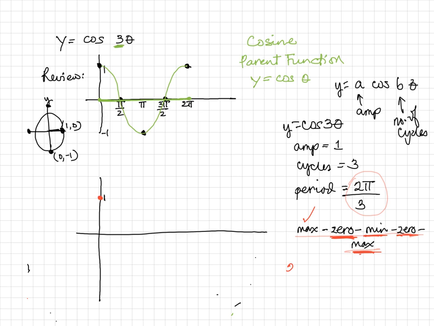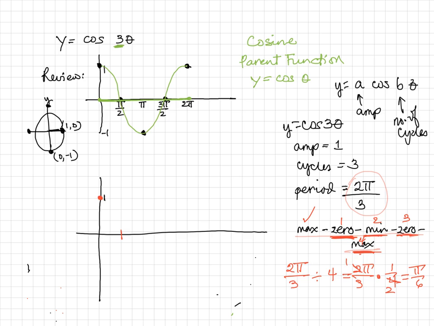The strategy is to divide the length 2 pi over 3 by 4, for the 0, min, 0, maximum. So I have to know the right interval. 2 pi over 3 times 1/4 becomes pi over 6. That means my interval will be pi over 6.